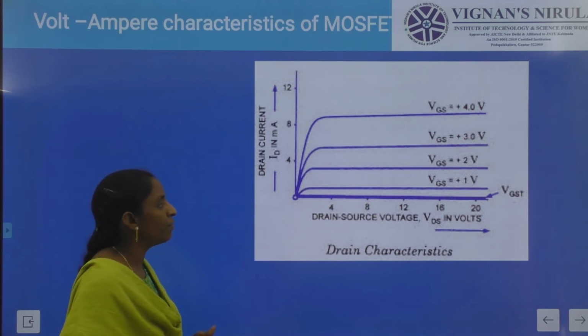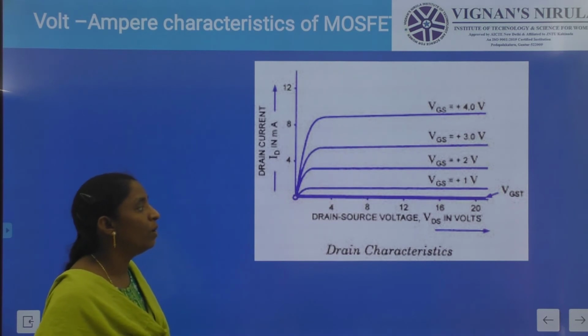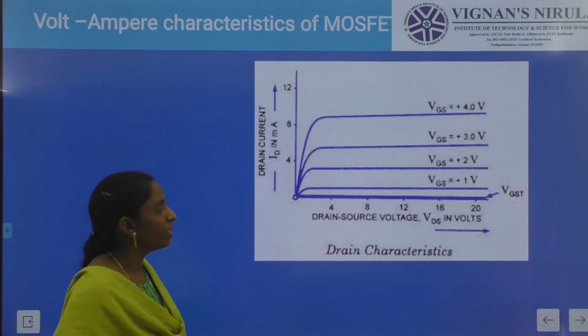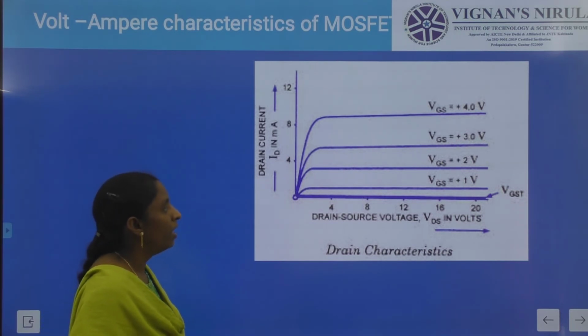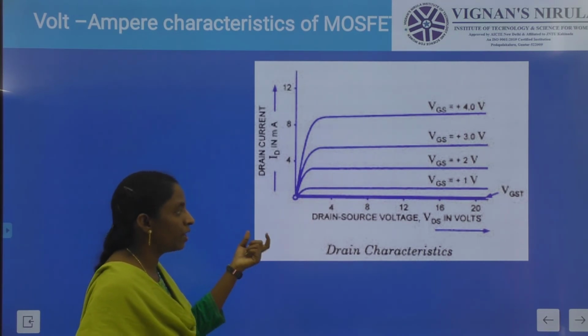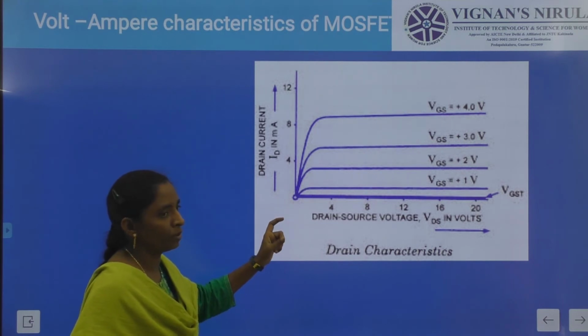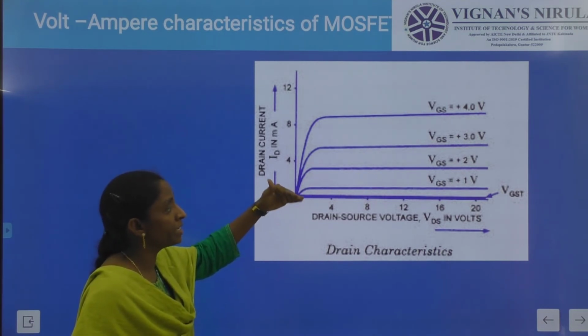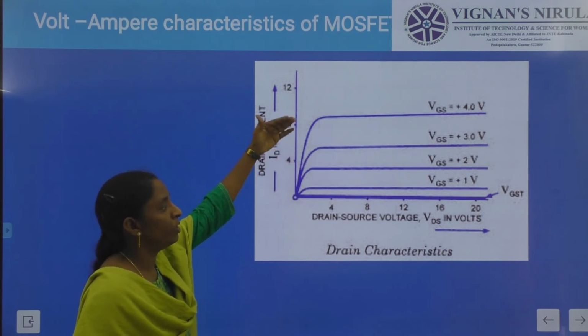In the first curve we are applying VGS equal to plus 1 volt. At VGS equal to plus 1 volt, a small amount of current flows. If you increase the VGS value, more current is produced.